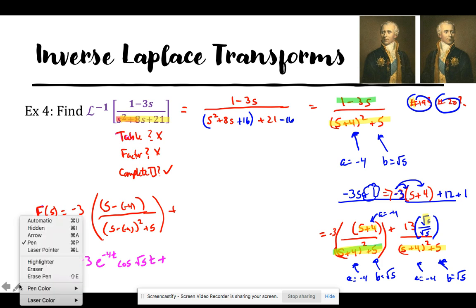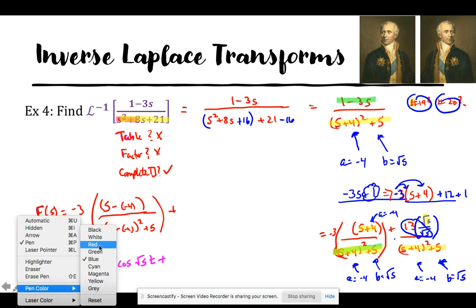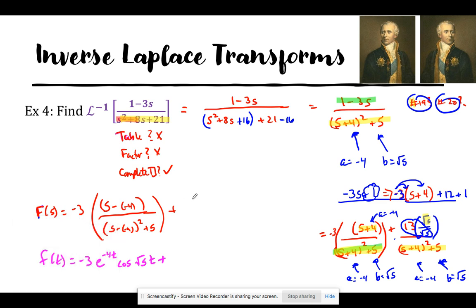Ha! I'm going to take 13 over √5 and put it out front. So capital F of S is going to look like 13 over √5 times the √5 that I left in that numerator, over s minus -4 quantity squared plus 5.